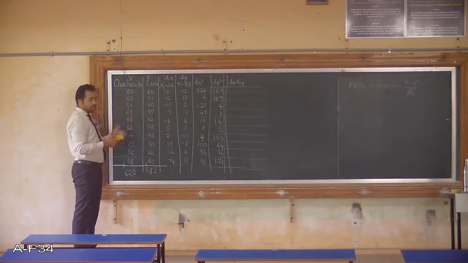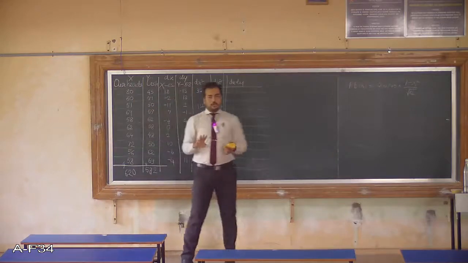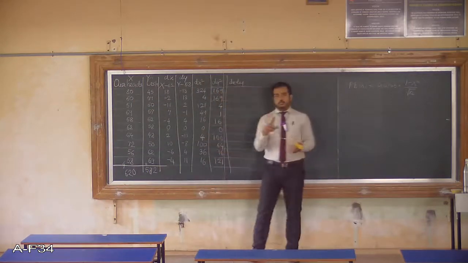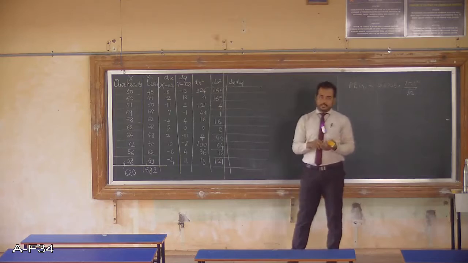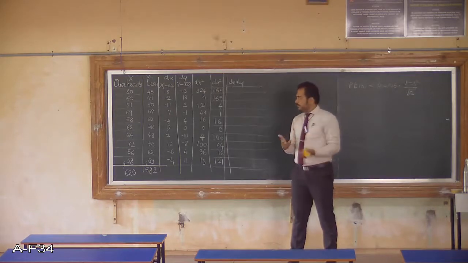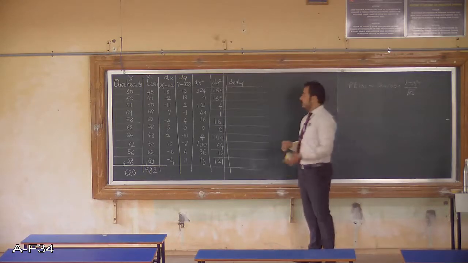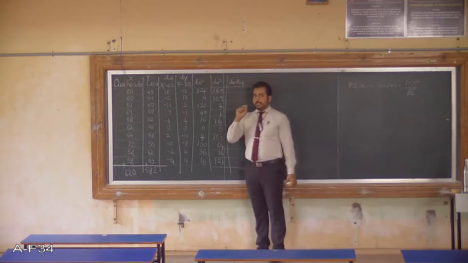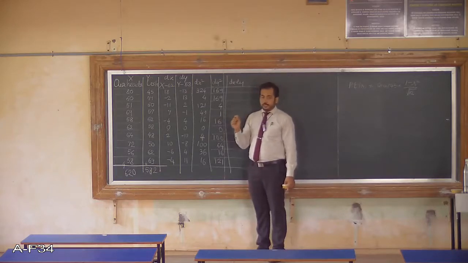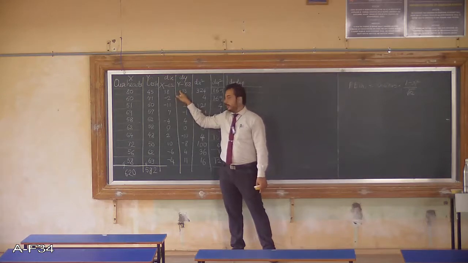In the first four cases, there are three possibilities: two of them increased and one decreased. If the increase and decrease are in opposite ways, we may get a negative correlation. So we have to take specific care about the negative sign and its multiplication. Now dx into dy, this is a negative value we are going to get. So let me calculate.